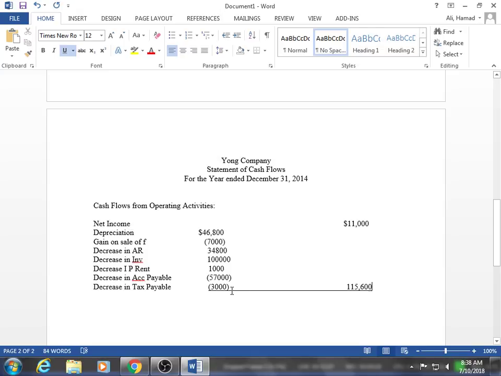All right, so let me do this. We don't need this line, I'll leave it just for purpose of explanation. So 11,000 plus 115,600. Add that. And what do we call this?